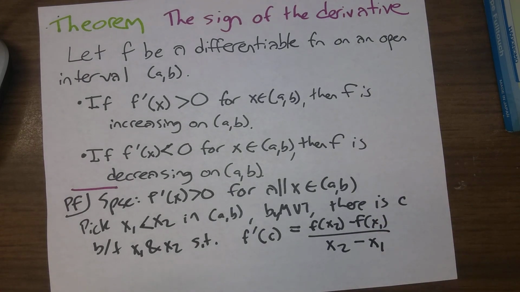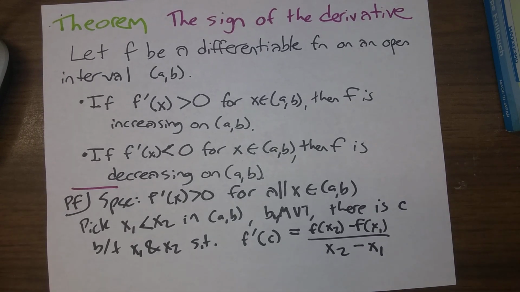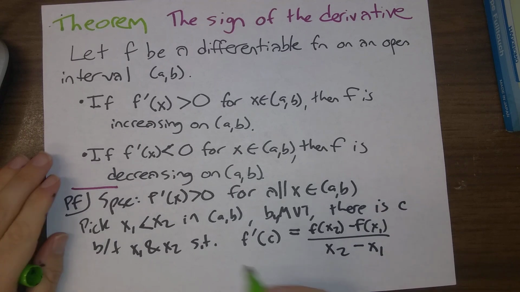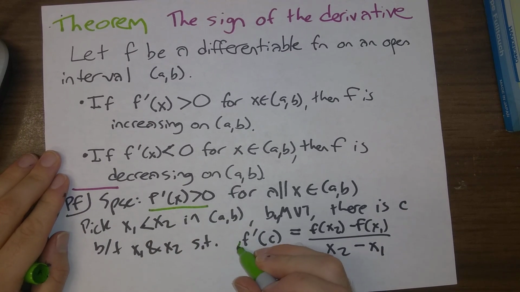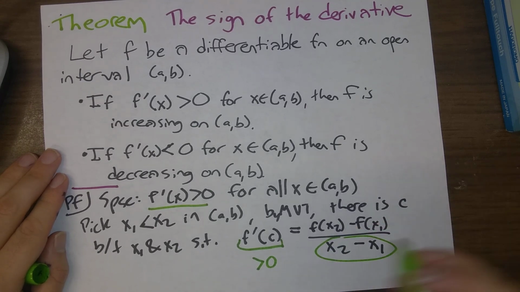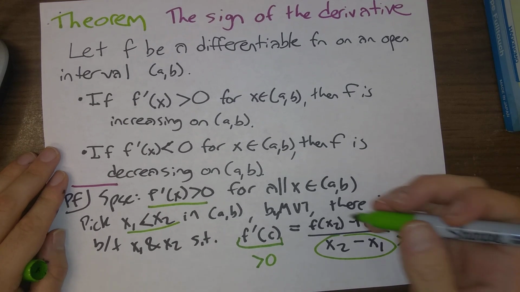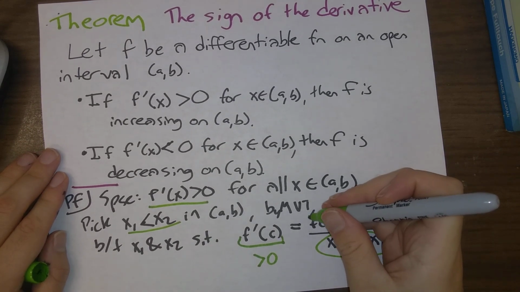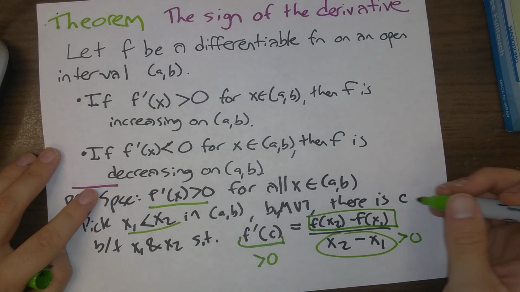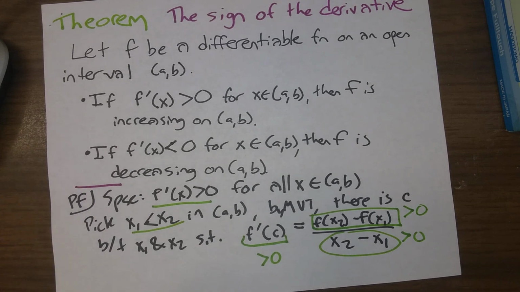We can't just say this is 0 and we're done like we did on the previous little corollary, but we can talk about signs here. f prime of c is positive, so this is positive. x2 minus x1, we're assuming x1 is less than x2, is positive. So how to finish this off? We see here f of x2 minus f of x1 must also be positive.